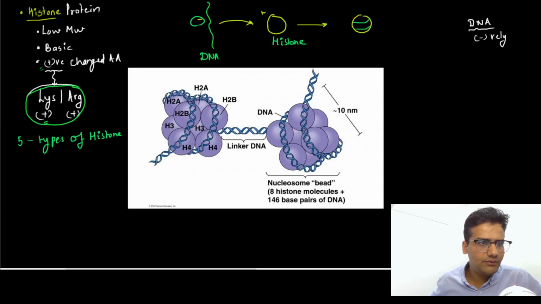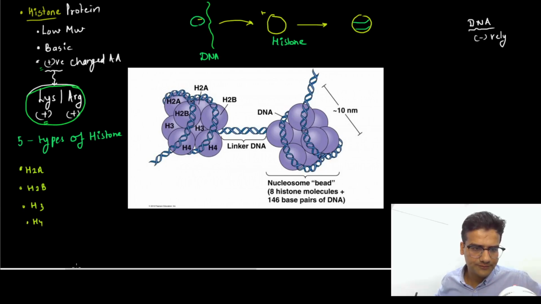These 5 types of histones are H2A, H2B, H3 and H4. These 4 histone proteins are basically present in dimer form.